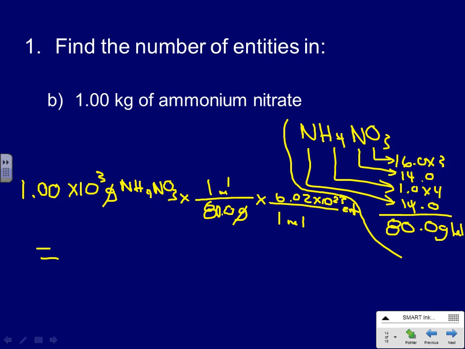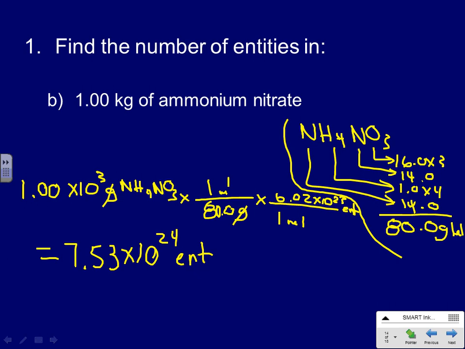Brody, what do you got? It's looking like 3 significant digits. And these are formula units. Just put here entities. Okay? Right?